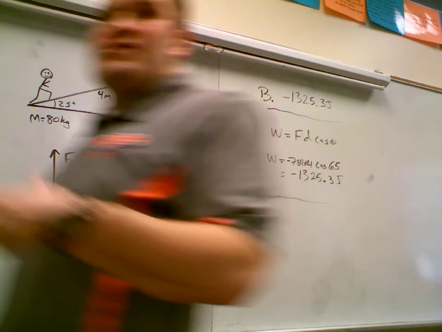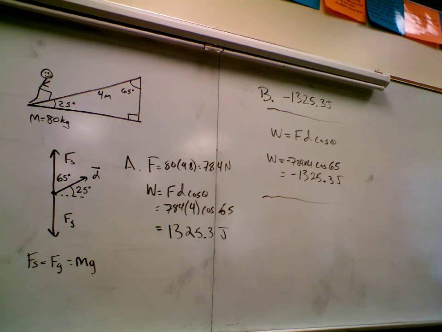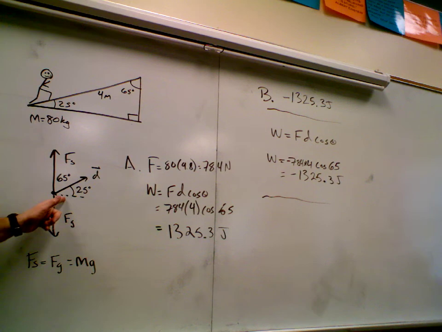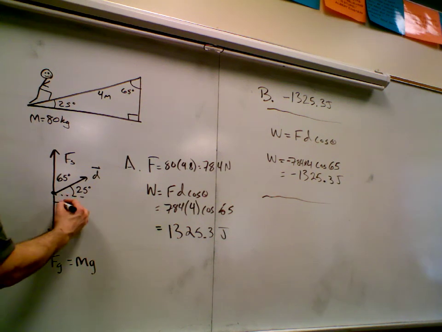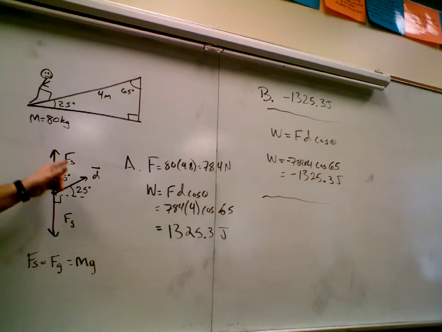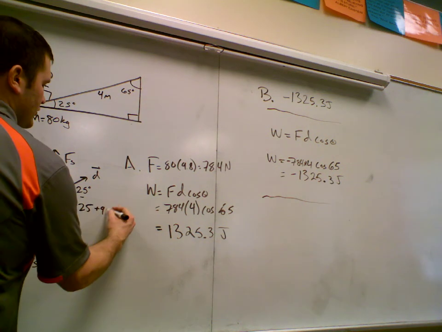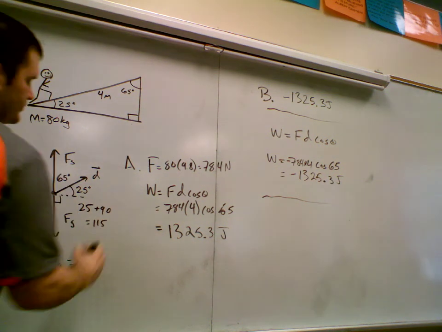Or the last way we can do this one is we can use the real angle between the force and the displacement. So gravity's here, right? What's the angle between gravity and the horizontal? 90. Right? So what's the real angle between gravity and the displacement? 115. 25 plus 90 equals 115.